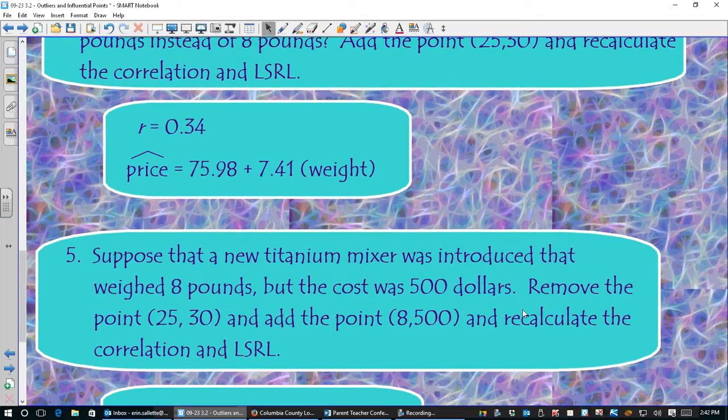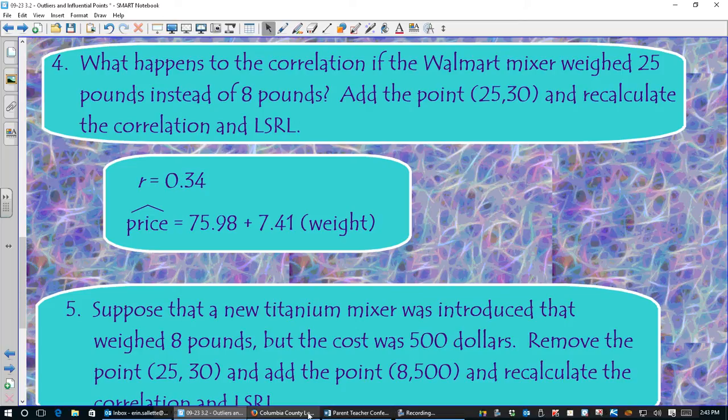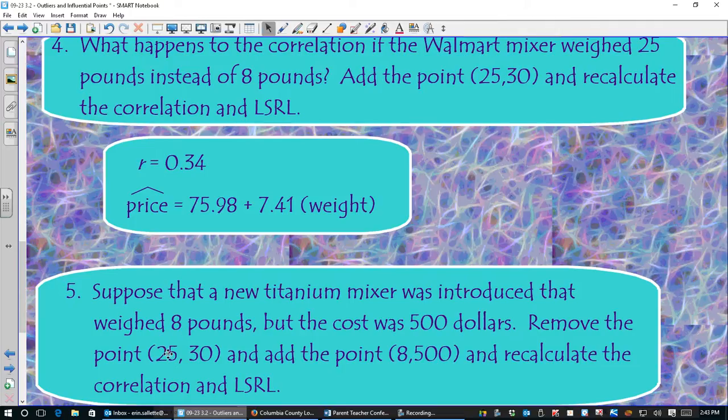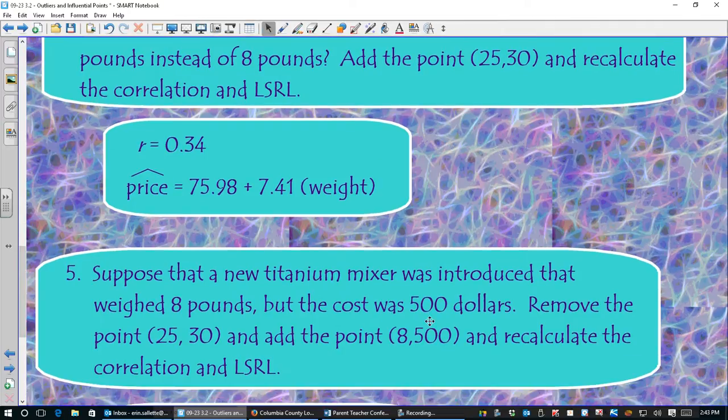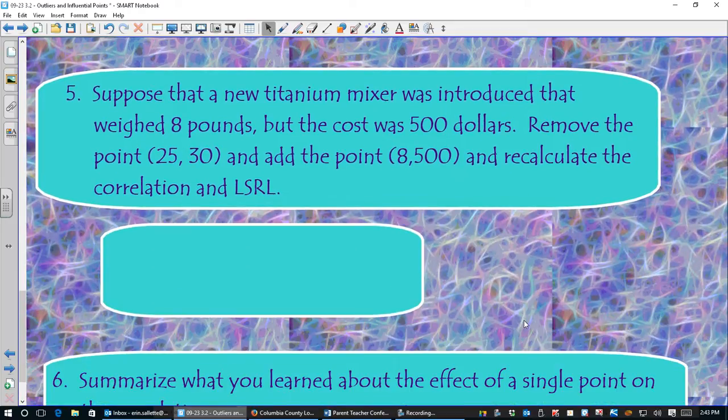Okay, let's add a different point. Instead of the 25, 30 or the 8, 30, let's add one that is, oh, sorry, it's going to weigh 8 pounds, so 8 is your X value, and it costs $500. So we're going to put 500 in our list 2 for that last value. Then we're going to recalculate our new least squares regression line and correlation coefficient.